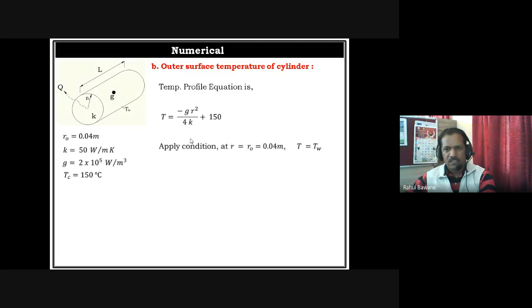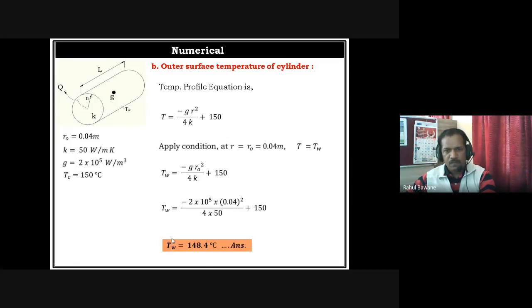So T wall equals minus g r0 square upon 4k plus 150. We know the values of r0, g and k, so if we replace all the given numerical values, we get the wall temperature, and it comes to 148.4 degrees centigrade. So this is the answer for the second part, the outer surface temperature.